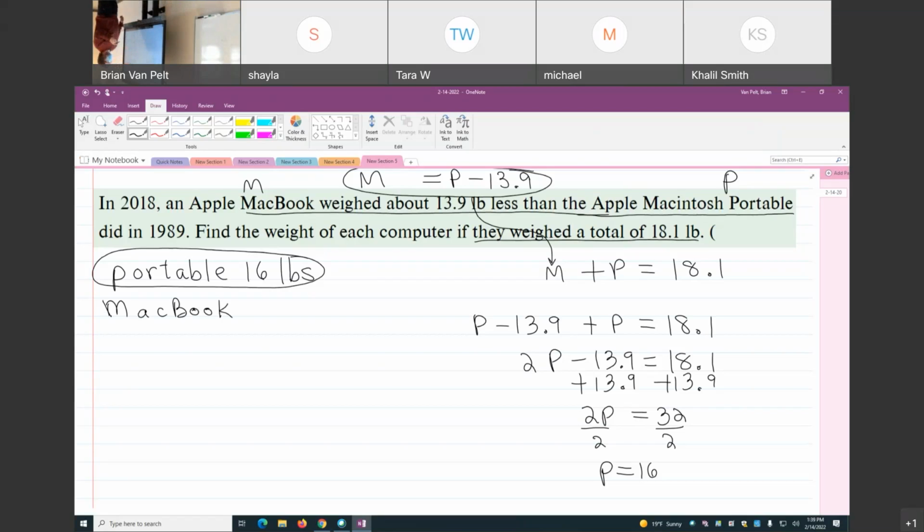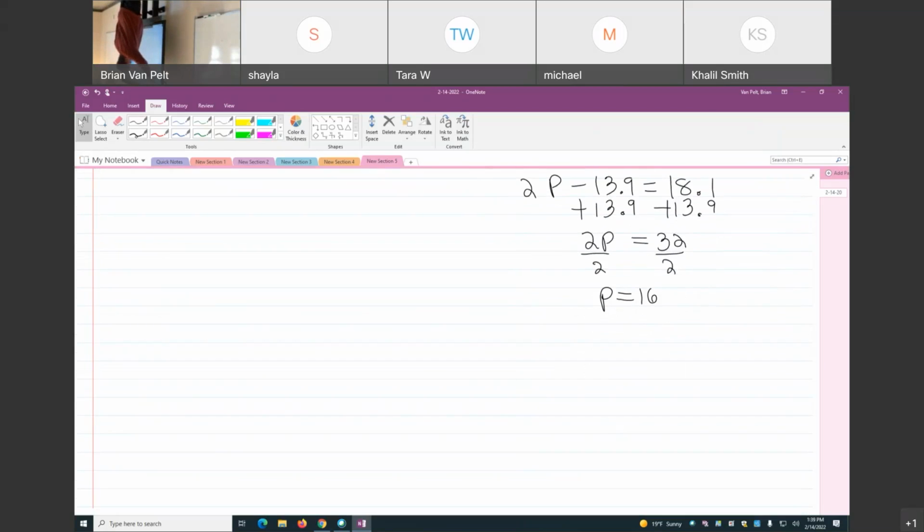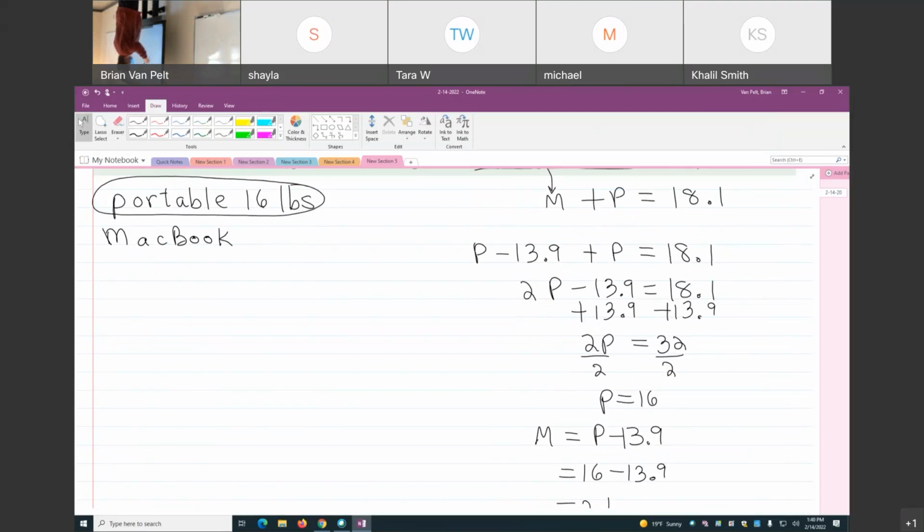So we know that M equals P minus 13.9. So I'm going to replace the P with the 16. You'll find out that that's 2.1. That one is 2.1 pounds.